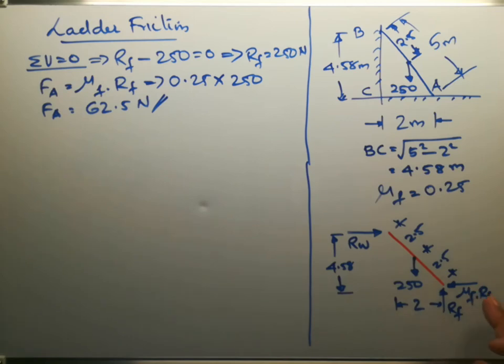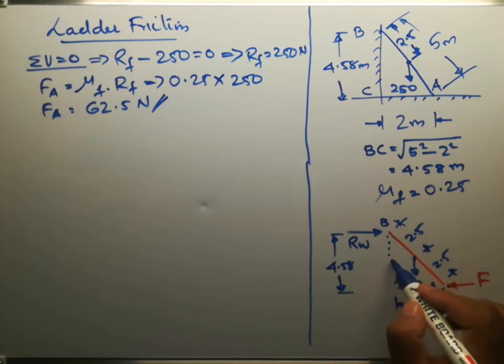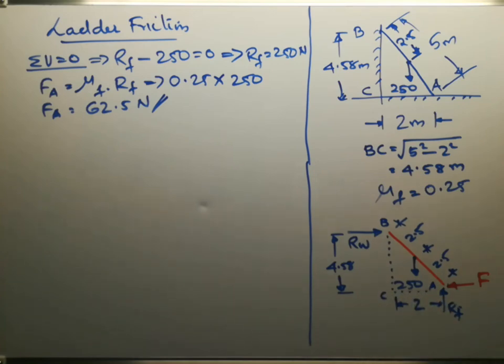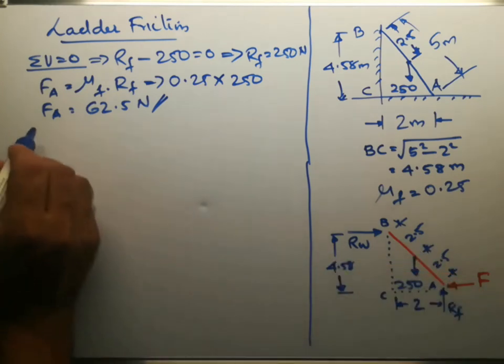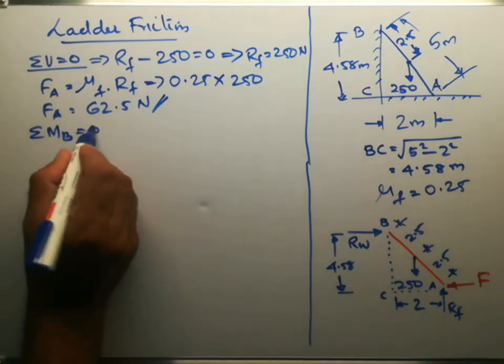So instead of mu F into RF, we will consider a frictional force of F at point A. So this is point B, this is point A, and this is point C. To find out the frictional force F, we will use the equilibrium equation sigma MB equal to 0.